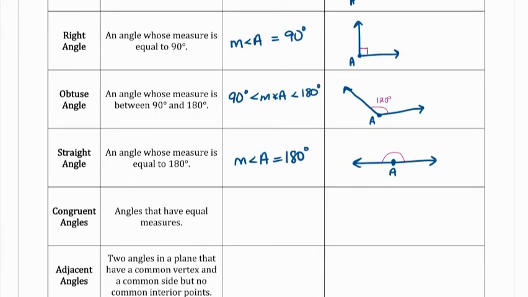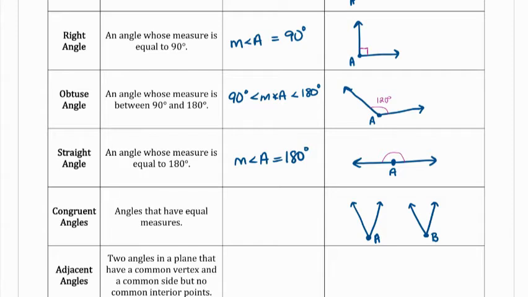Okay, just like with segments, we can also have congruent angles. Congruent angles are angles that have equal measures. So if I have 2 different angles, and we'll draw a couple over here, we'll call this one angle A. And if I draw another one, we'll call this one angle B. If they have the same measure, then they're congruent.